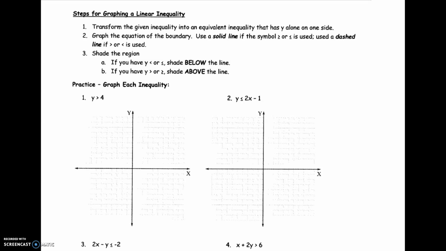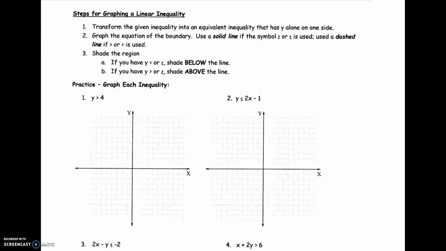Use a dashed line if it is greater than or less than. Then you're going to shade the region. If you have y is less than or equal to, shade below the line. If you have y is greater than or equal to, shade above the line.